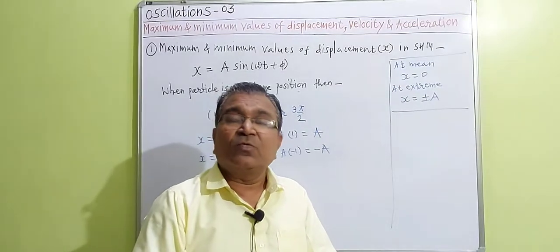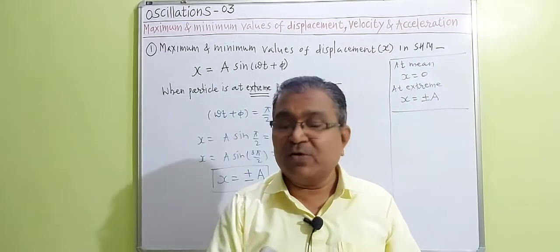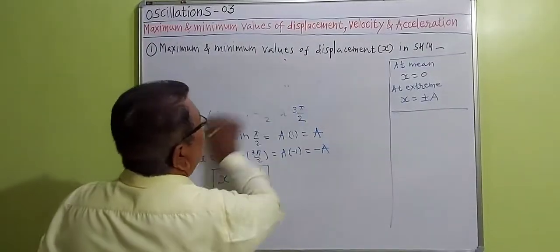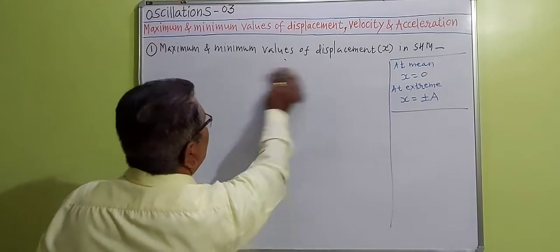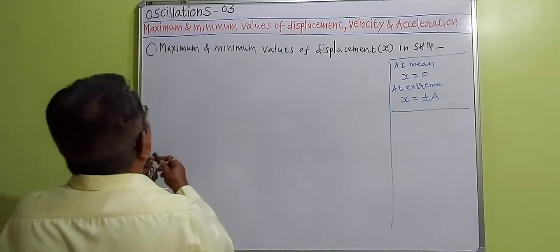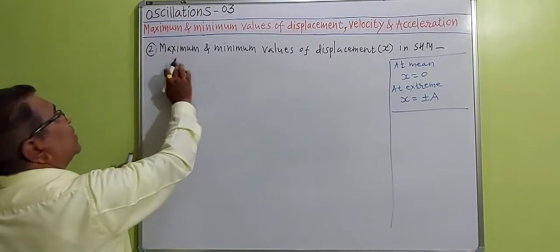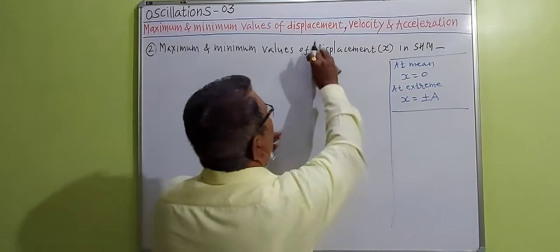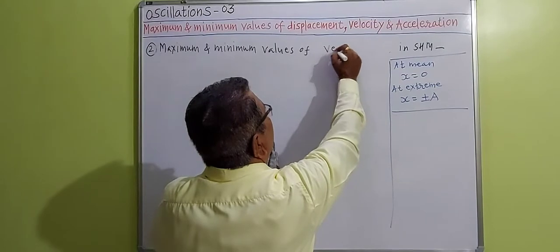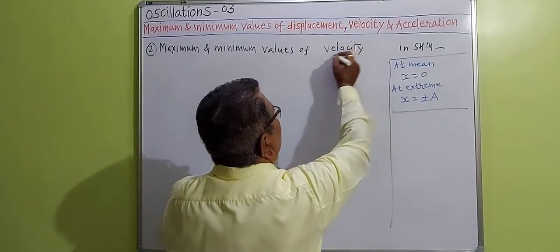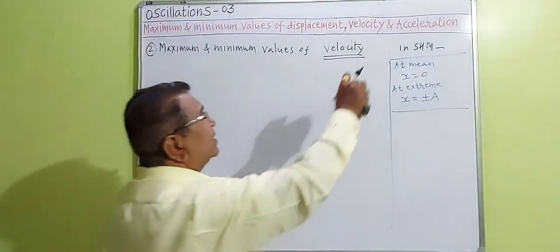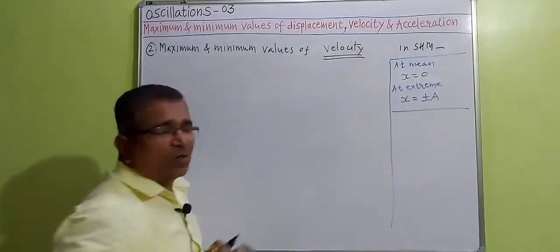Now we have to consider what is the value of velocity. Number 2, maximum and minimum values of velocity in SHM.